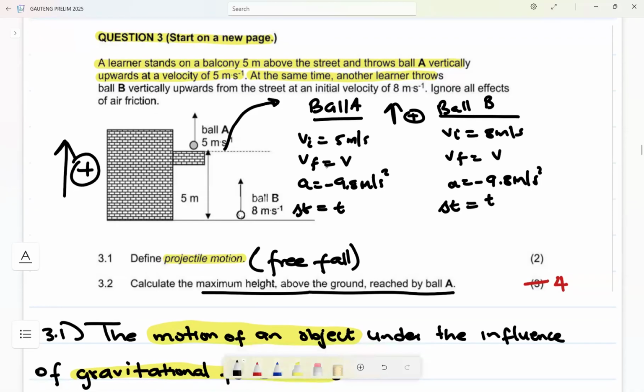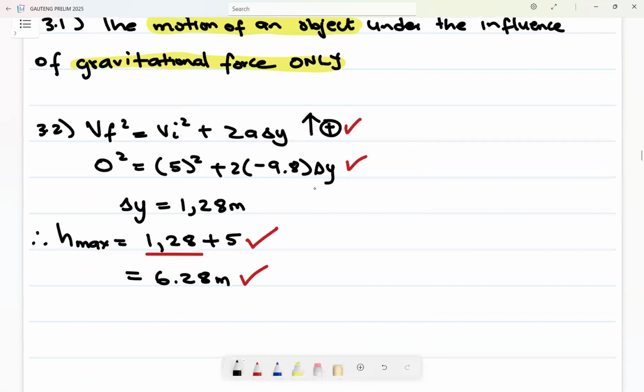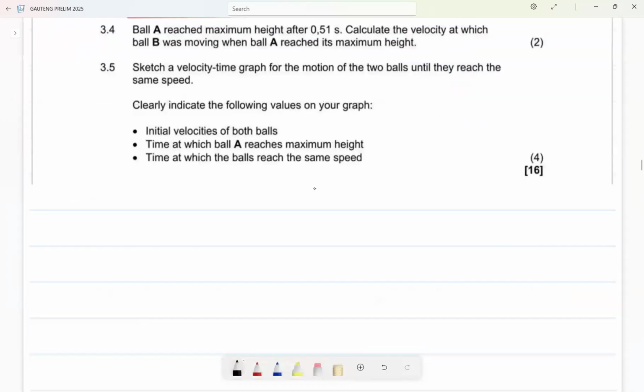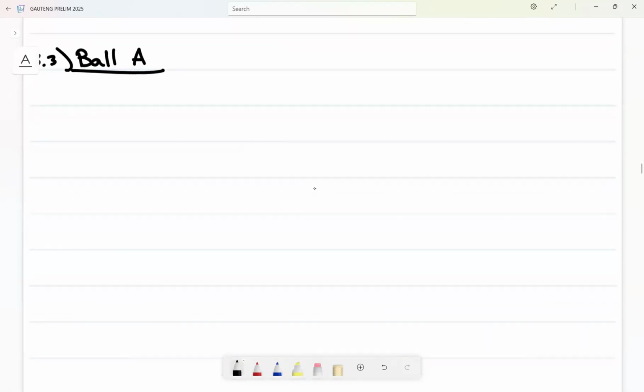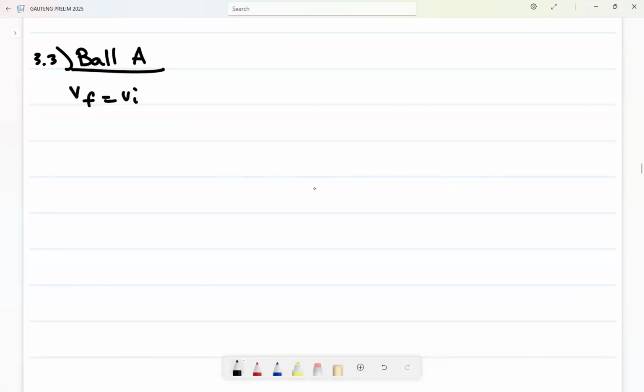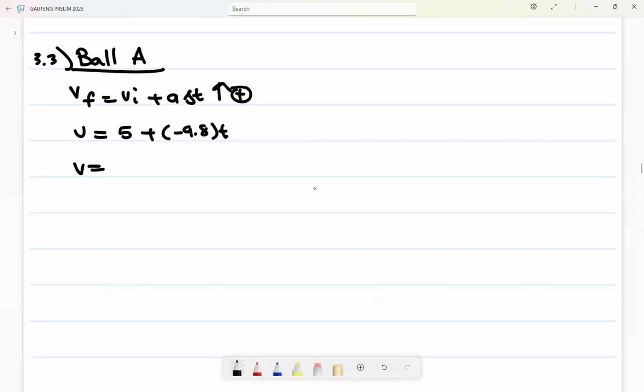So for ball A, VF equals VI plus A change in time, and VF is just V. V initial is 5 plus negative 9.8 t, and I get V equals 5 minus 9.8t. Let's say this is equation 1.